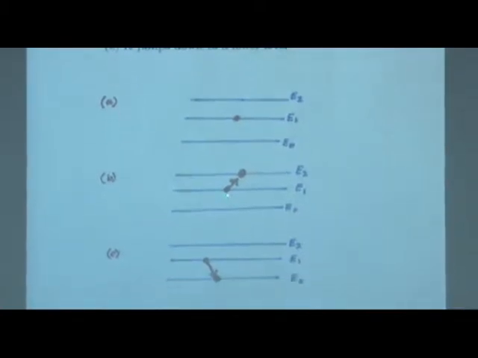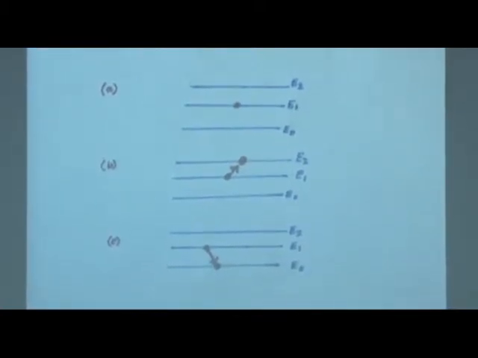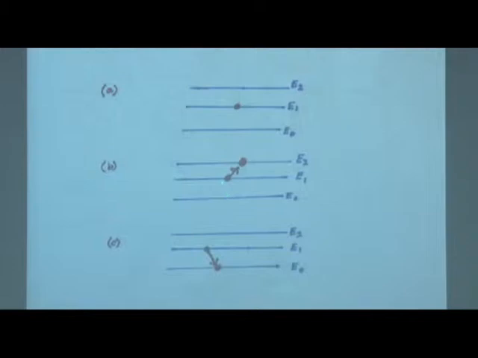Now, that electron might decide, under quantum effects, to go up here to E2, or it could go to a lower level E0 from E1. So, there are three possibilities: either it continues to stay here, or it decides to jump up, or it decides to jump down. That is logically the 3 possibilities for the electron.